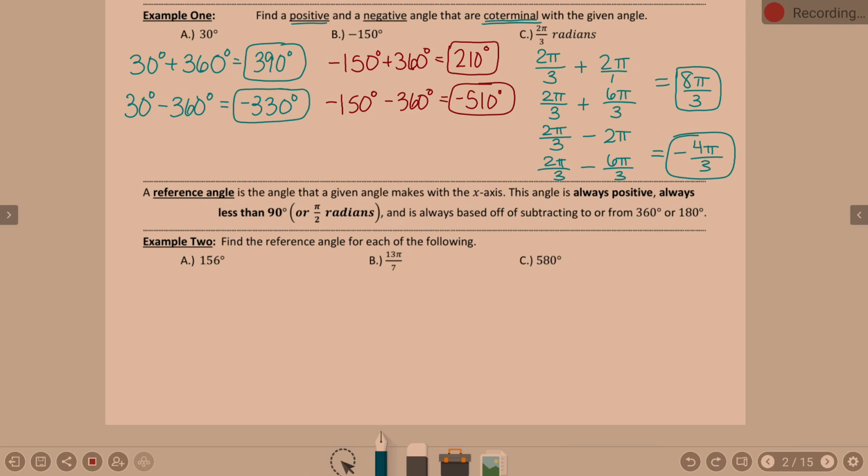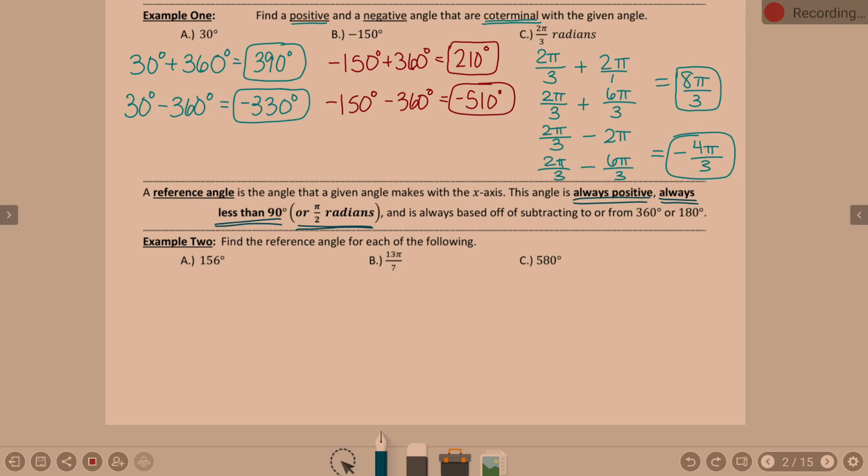This angle is always positive and always less than 90 degrees, or if you're in radians, pi over 2 radians. And that means it's always based off of subtracting to or from 360 degrees. Coterminal is just another name for the same angle measuring from that initial side.